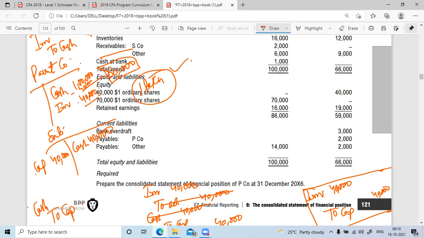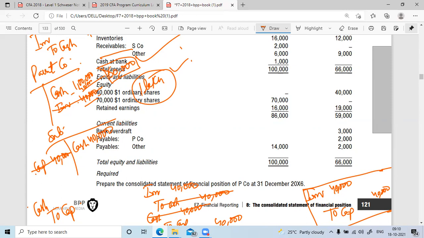When we show them as a single company, this investment we have to cancel, and this capital we need to cancel. And this cash, how much did we have? 60,000, sir. 60.